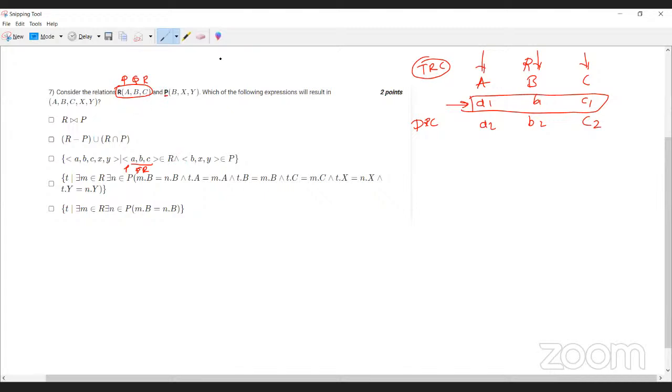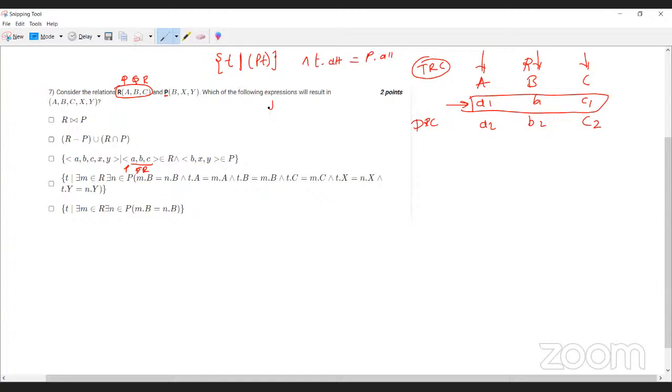In tuple relational calculus, we specify it like this: for a tuple T, then a vertical slash, and then some predicate. Based on this predicate, if the condition is true, it will fetch that particular tuple. If you want to project an attribute, we specify T dot attribute name equals P dot attribute name, where P is any relation.